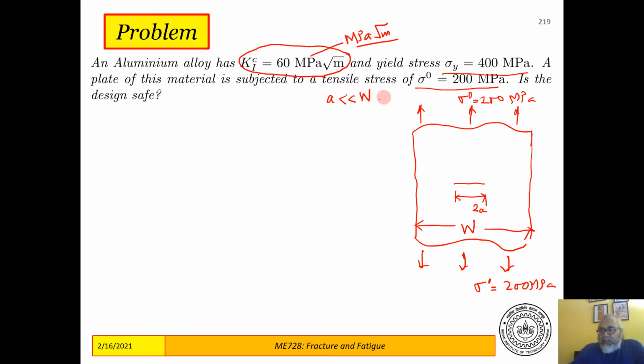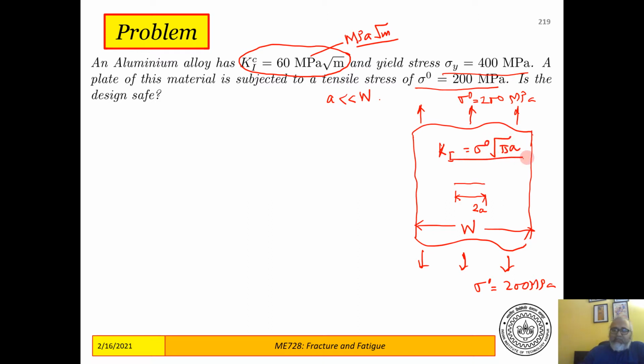In that case, we know the answer to this. This is a Griffith crack. So we know what is the stress intensity factor of this particular crack. The mode 1 stress intensity factor is sigma naught root pi a for this case.